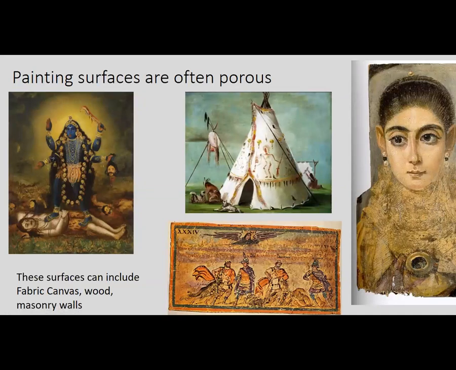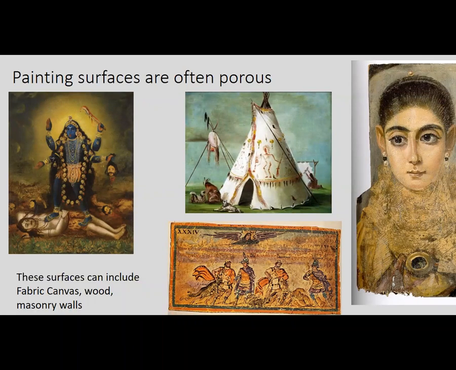Painting surfaces, just like that cave wall, are often porous. What I mean by porous is that they soak up water. They can retain moisture, and that's not a good thing when you're painting. These surfaces can include fabric, canvas, wood, and masonry walls.